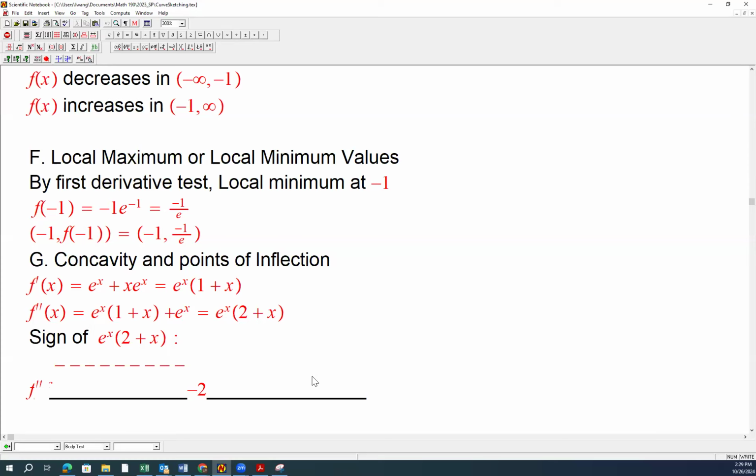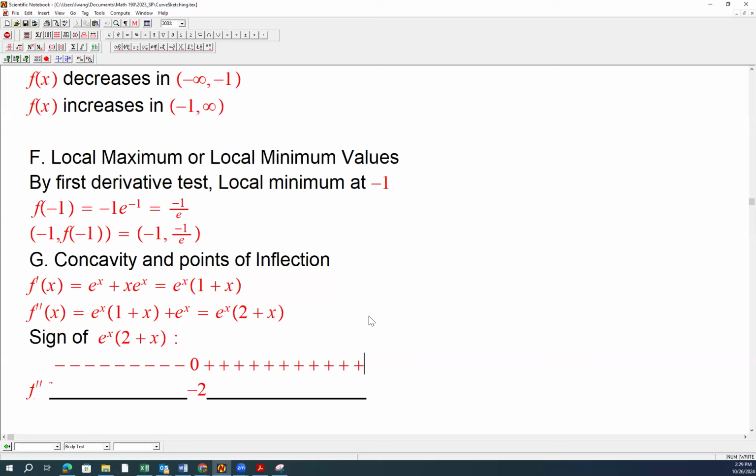At -2, the second order derivative equals 0. After -2, when x is greater than -2, we got a positive.